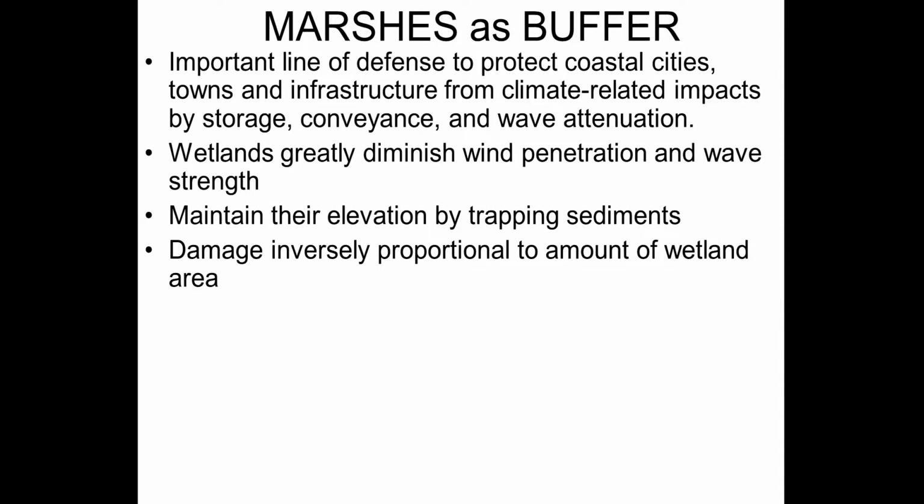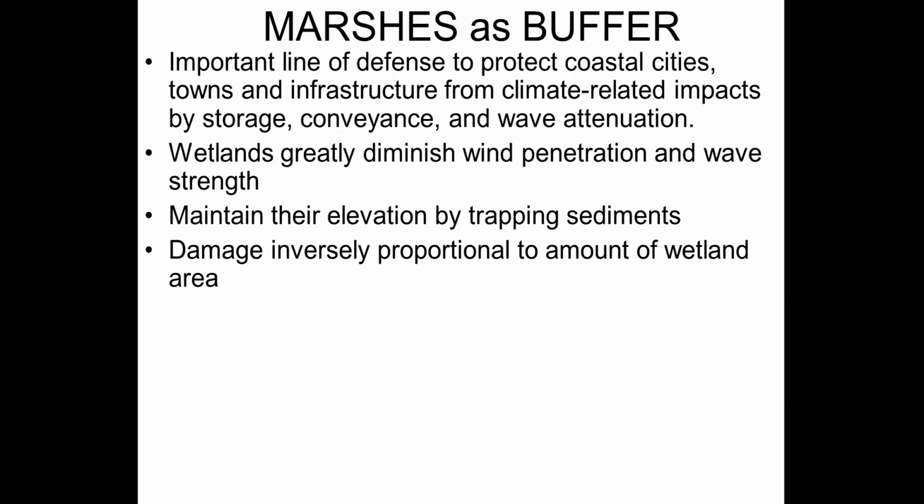The damage in an area is inversely proportional to the amount of wetlands. It was seen very clearly when there was a tsunami in the Pacific that areas that had their mangroves, a tropical equivalent of salt marshes, vegetation growing at the edge of the water, fared better.